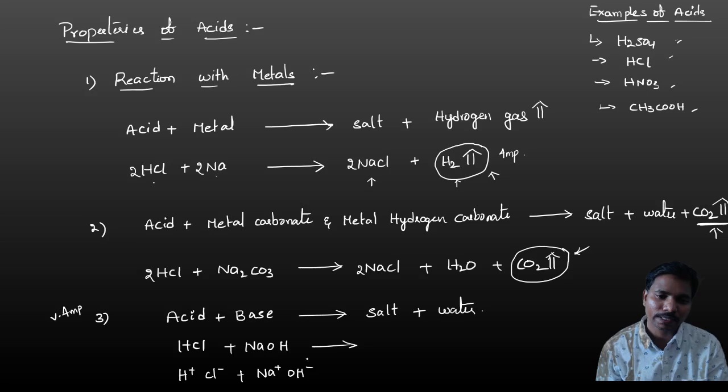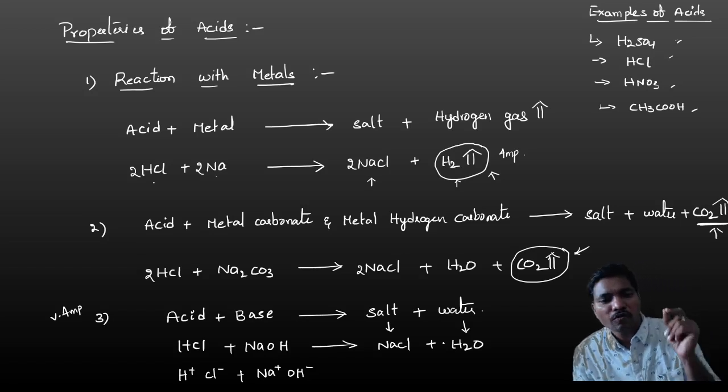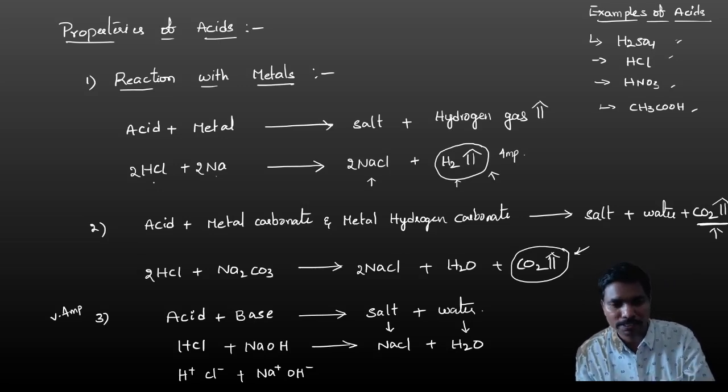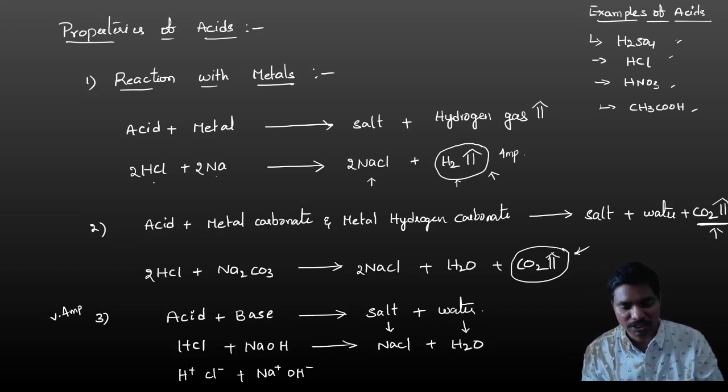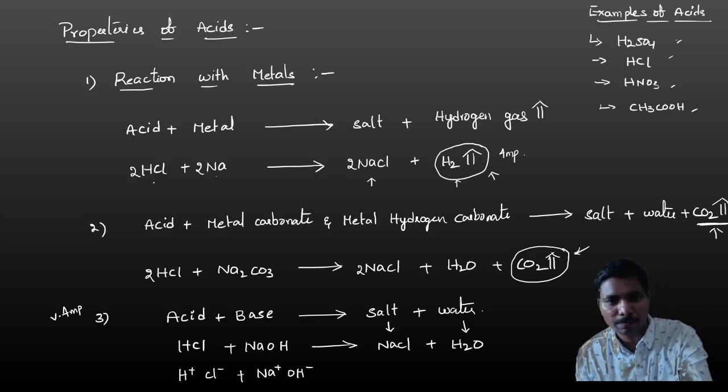So Na plus Cl minus gives NaCl, and H plus OH minus gives H2O. So that means it is the salt, and it is the water. So whenever the acid reacts with the base, we will get salt and water. That means the effects are neutralized. So this process is called neutralization. That is a very important point.